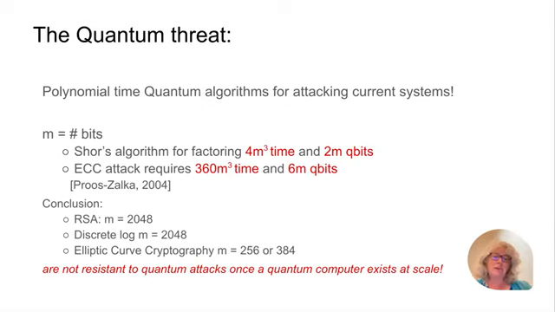And so the interesting thing is that while for classical attacks, one of the reasons for the adoption of ECC is because we didn't have sub-exponential attacks, so we could get away with a smaller bit size. And that was good for efficiency. What happens when you move into the quantum world is that that smaller bit size translates into a lower threshold in terms of how large of a quantum computer you need in order to attack ECC.